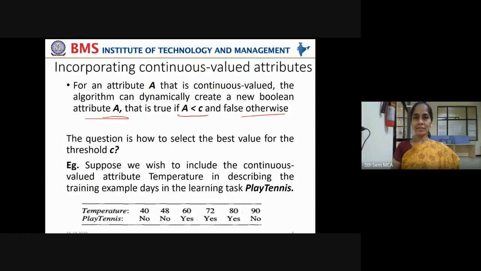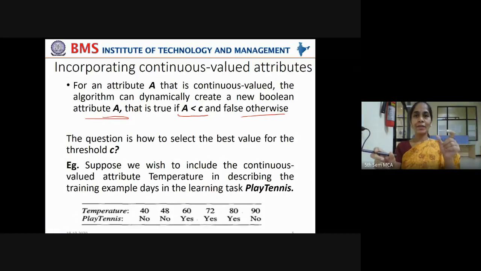If income is lesser than 10,000, for all training examples where that is true, put them on one specific branch of the decision tree. That makes one classification. And if income is greater than 10,000, it branches to the other side of the decision tree, right? That will give you a different classification.